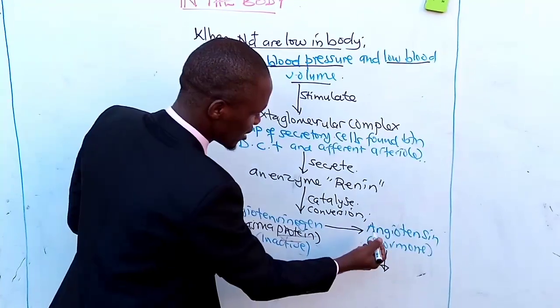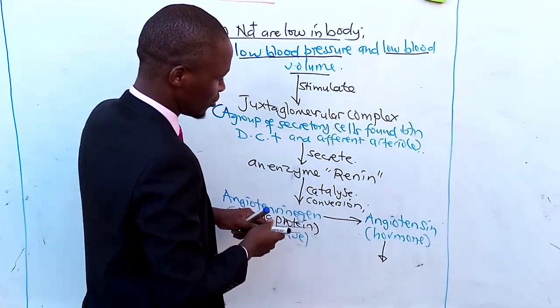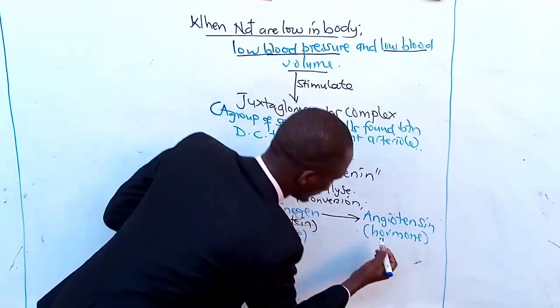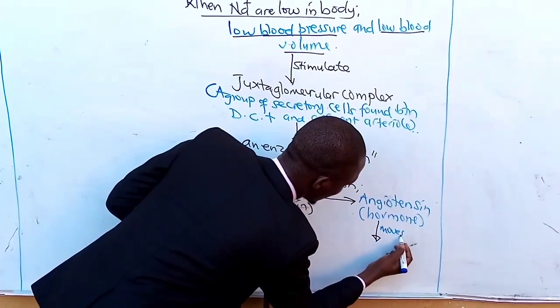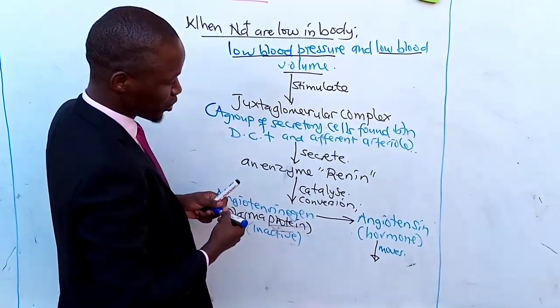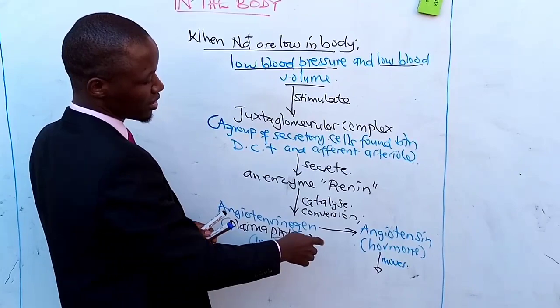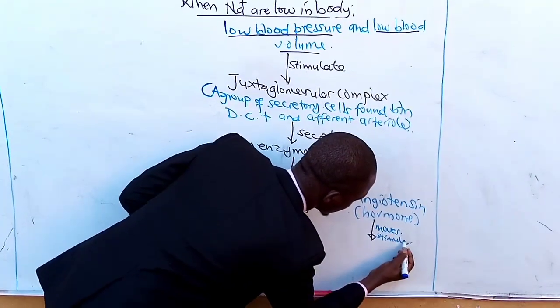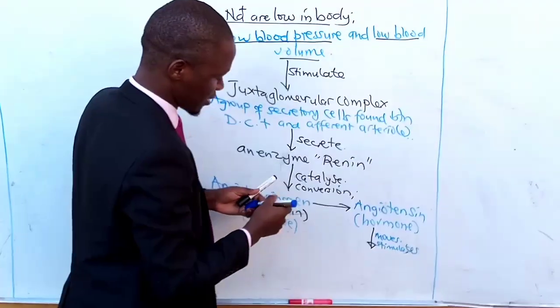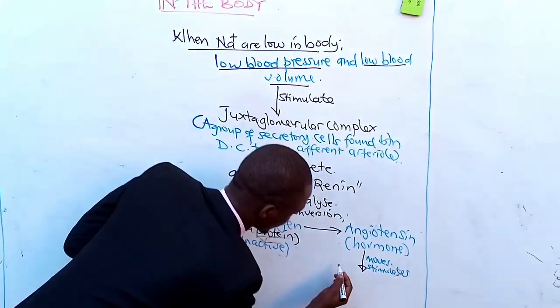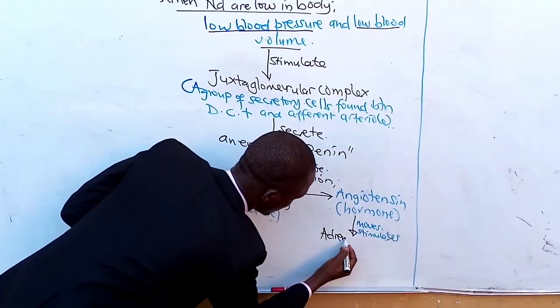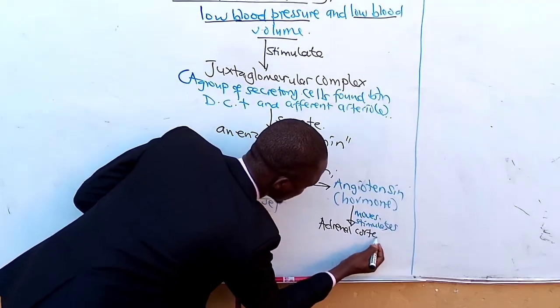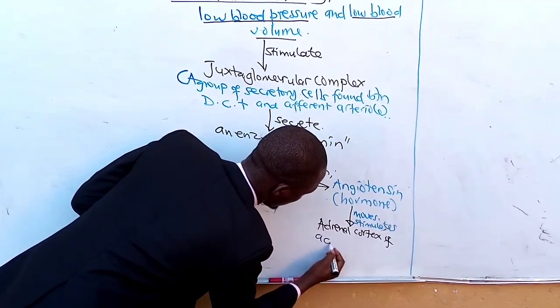So this hormone moves in blood, and after it reaches the adrenal glands, it stimulates the adrenal cortex.